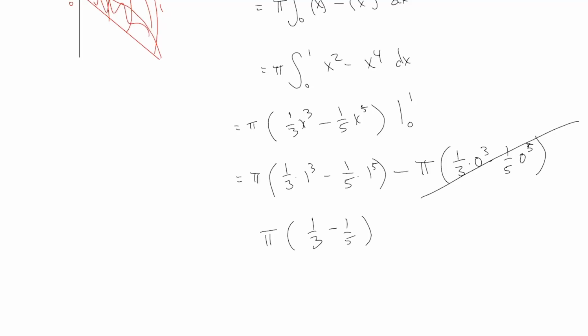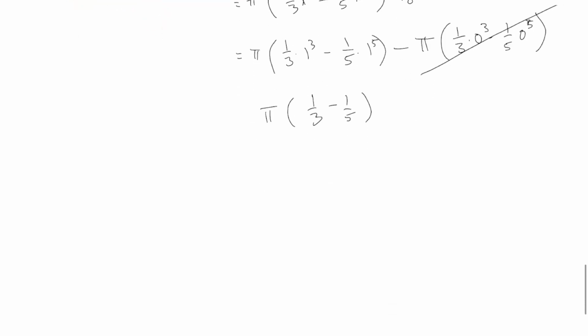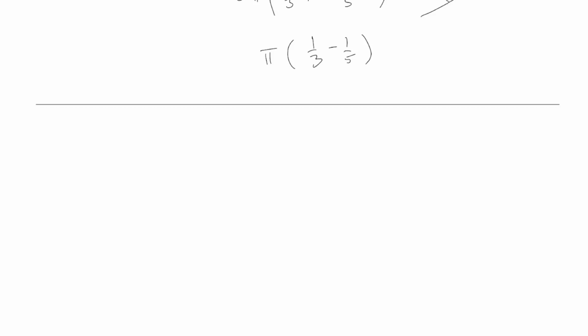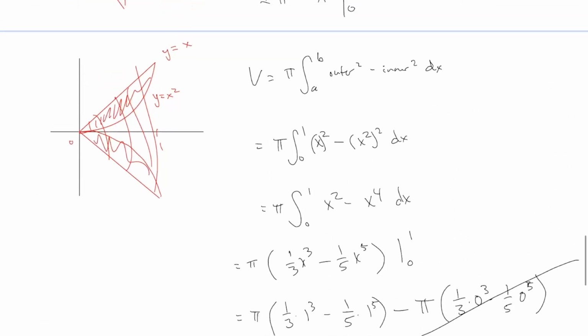Now I am ready to talk about rotating around a different axis, and that's slightly more difficult, and that's when it becomes a little tricky to figure out the inner versus the outer. I think in this example it's pretty clear what the inner and the outer is.